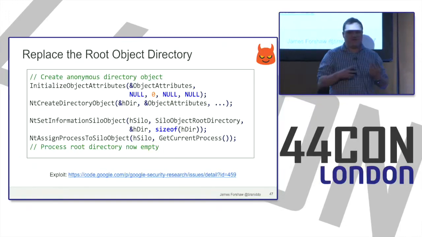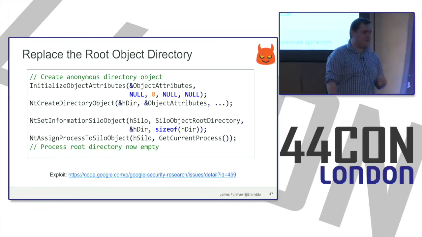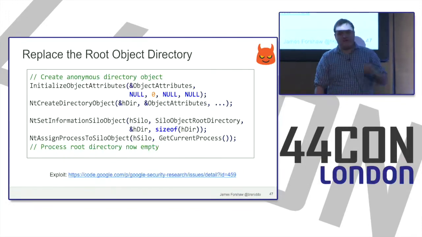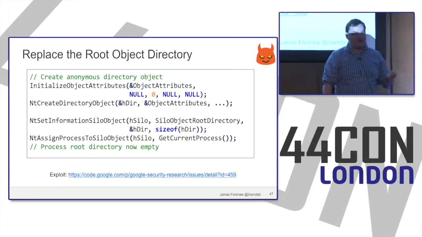If I can replace the root object directory, I can redirect any registry call in the context of my process to any other location, and that's a problem because there are various parts of the kernel which rely on that for security. Same with files, same with devices, all that sort of stuff. If you can trick it, you can do some nasty stuff. So you can see the bug issues there, number 459. You can go and have a look at my proof of concept.